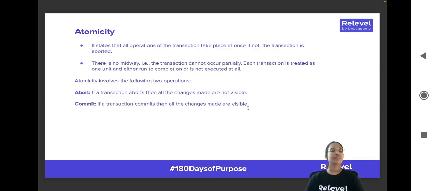Abort: if the transaction aborts, then all the changes made will be rolled back and will not be visible. Commit: if a transaction commits, then all the changes made are going to be visible.